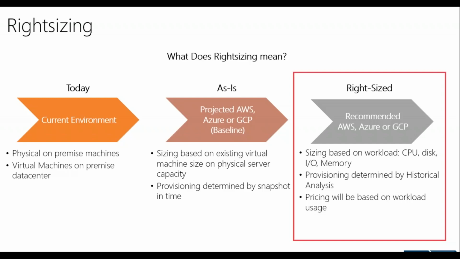And if you would like to go with cloud platform providers like AWS, Azure, or GCP baselines, sizing is based on existing virtual machine size and physical server capacity. It includes your physical server capacity, your virtual machines, each and every device which you are using for your business, or incorporated in your infrastructure.